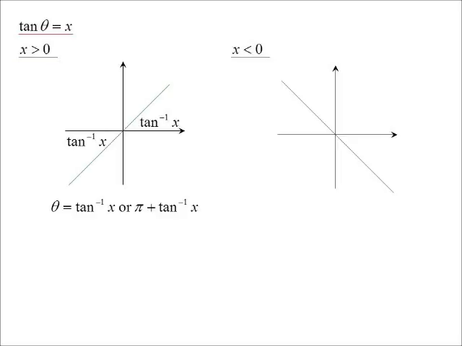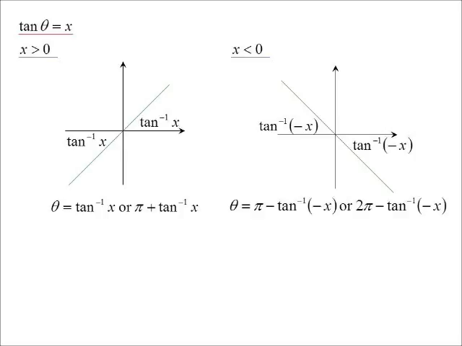Now if x is negative, the acute angle is inverse tan of negative x, because we need a positive ratio to get the acute angle. That's the second quadrant and the fourth quadrant. So our first answer will be pi minus the inverse tan of minus x. Then our next answer, 2 pi minus the inverse tan of minus x.